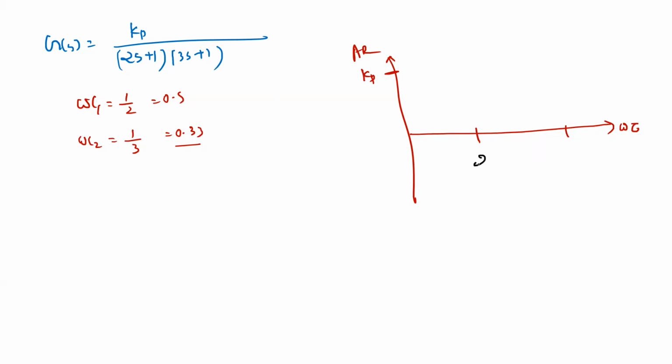Here tau omega is equal to 2, and here tau omega is equal to 3. And here crossover frequency is equal to 1 by 2, and here crossover frequency is equal to 1 by 3. Right? So right now I am drawing with respect to omega tau. So you can draw with respect to this one or only with respect to omega as well, right?